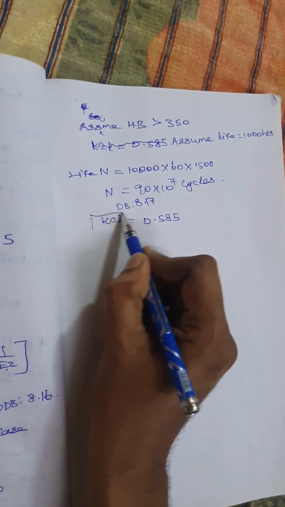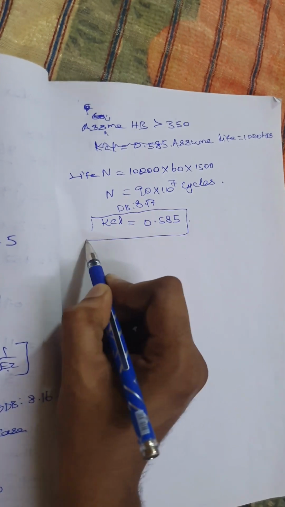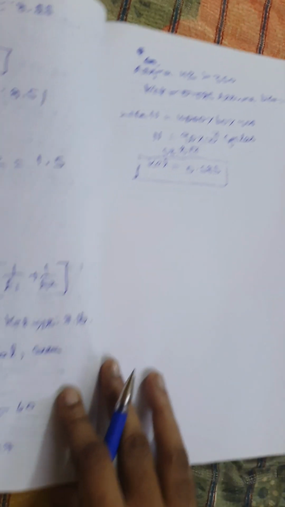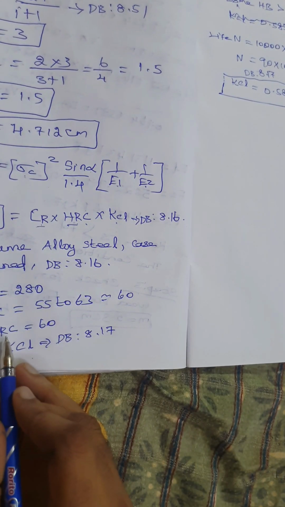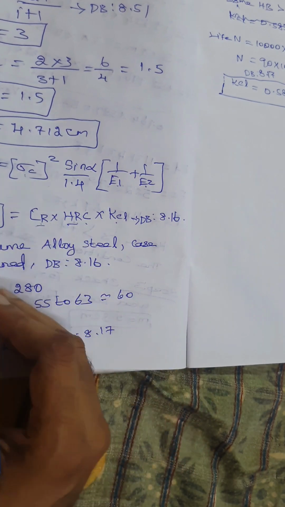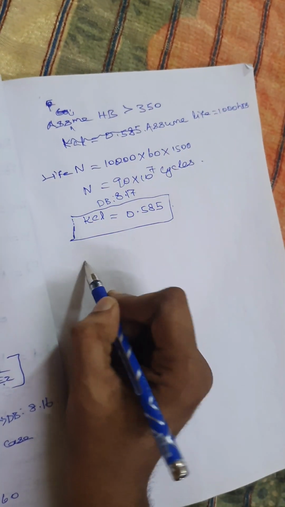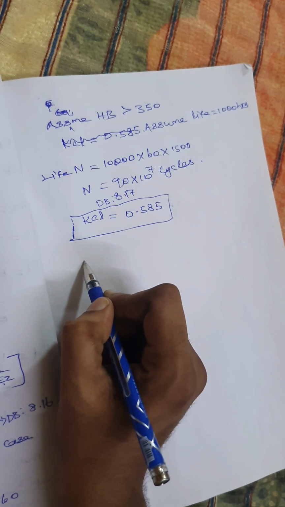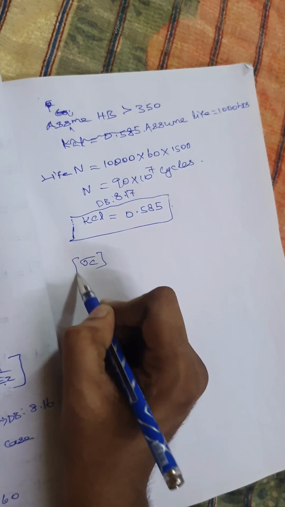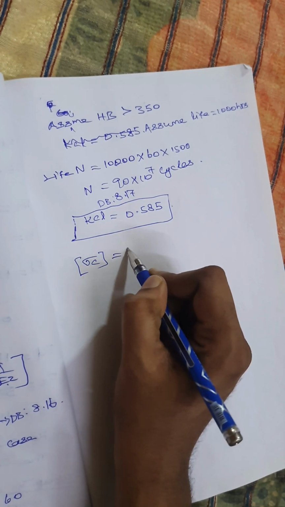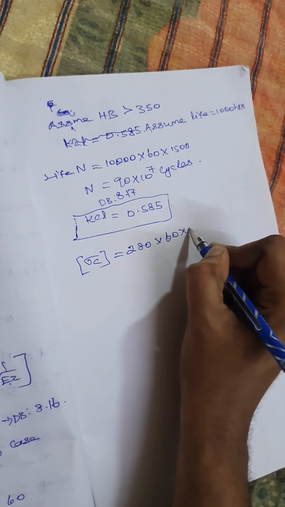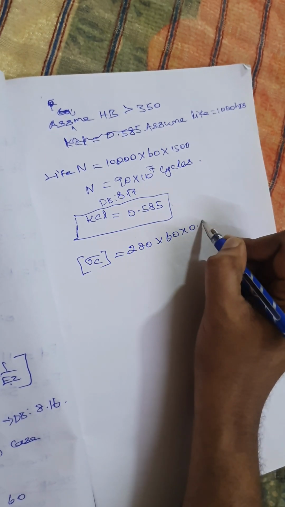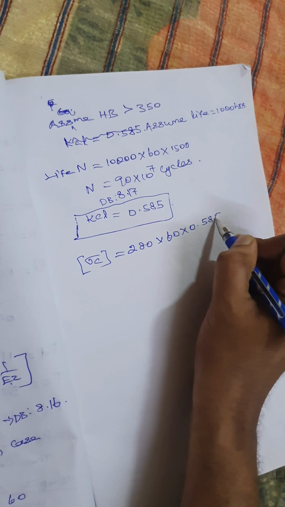So we have found the value of KCL now, and we also found the value of CR and the value of HRC. Now we can easily calculate the value of sigma C. The design value of sigma C is equal to 280 into 60 into 0.585.